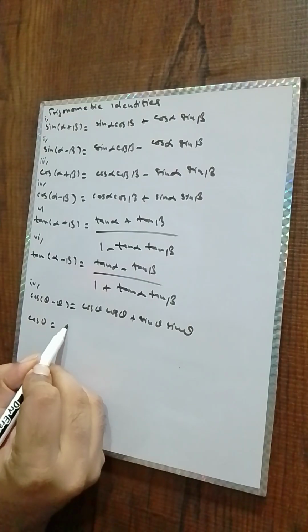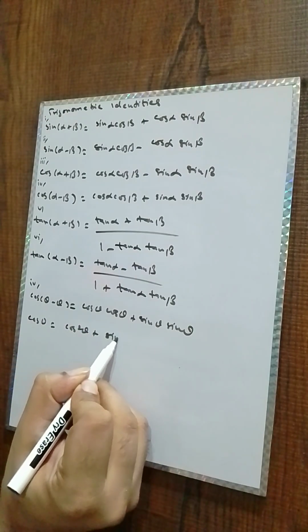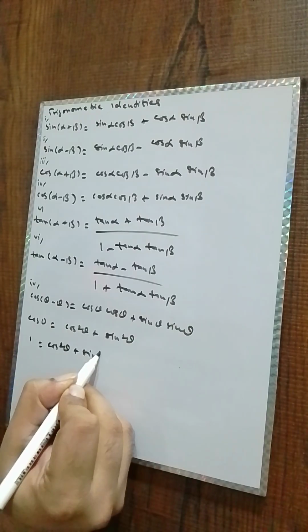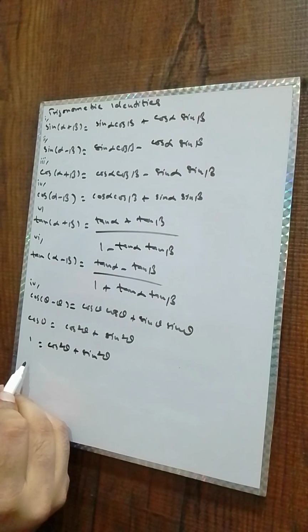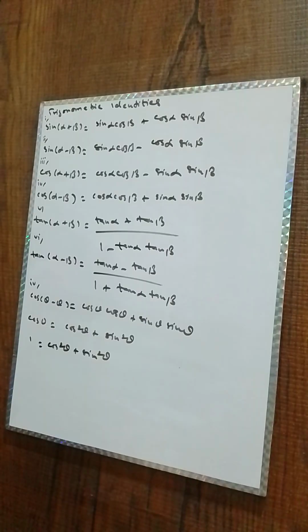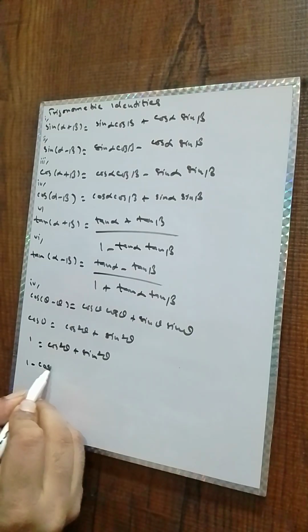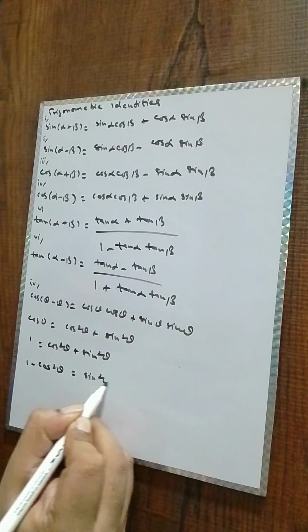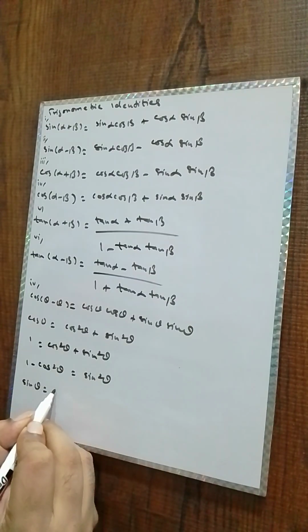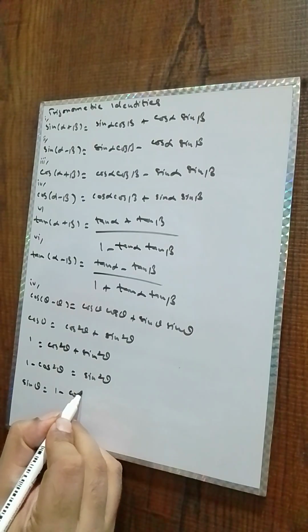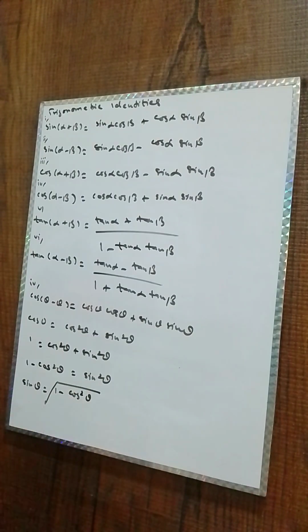It says cos of 0 is equal to cos square theta plus sine square theta, which means 1 is equal to cos square theta plus sine square theta, or 1 minus cos square theta is equal to sine square theta, and sine theta can be equal to 1 minus cos square theta under the root.